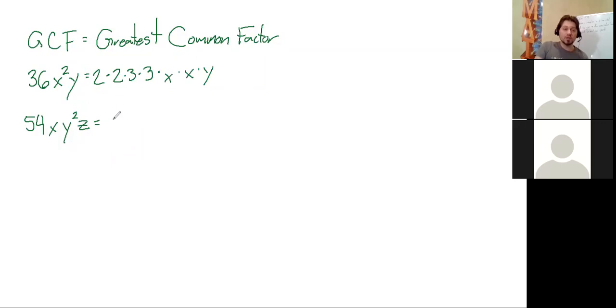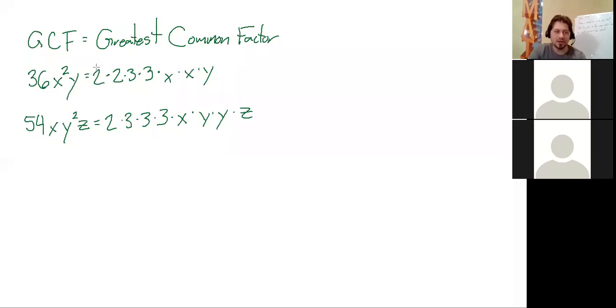And then 54, we have 2 times 3 times 3 times 3, because this would be 6 times 9, so you have the 2 times 3 here, and then 3 times 3 gives you 9. You could think of it differently too. You could think of it as 27 times 2, but both of these I just automatically think of nines. Times x times y times y times z.